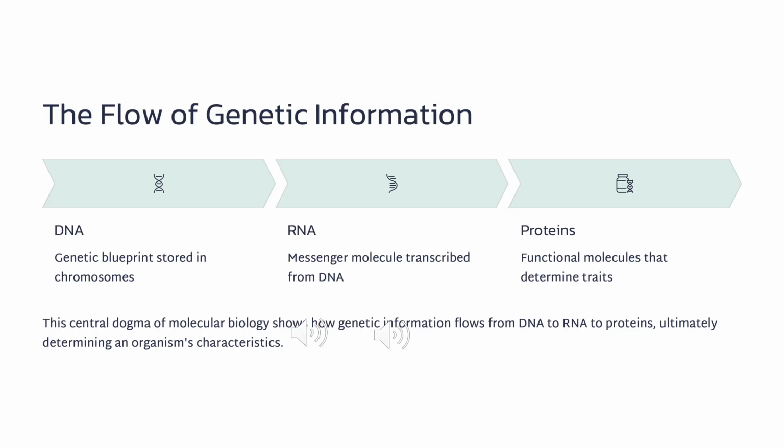These three stages of genetic information flow we call the central dogma of molecular biology, which shows how genetic information flows from DNA to RNA to protein, and ultimately determines an organism's characteristics.